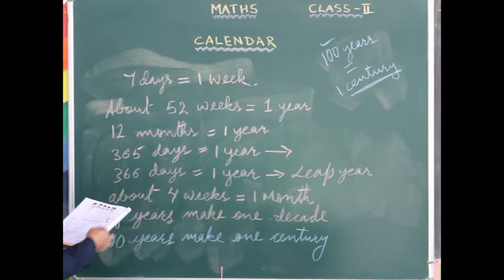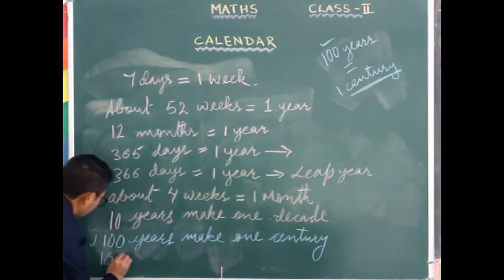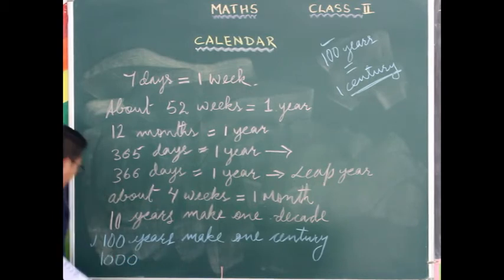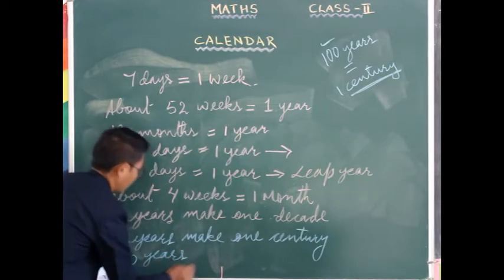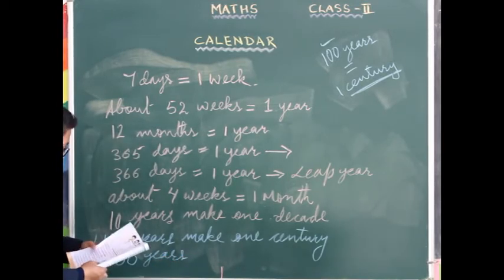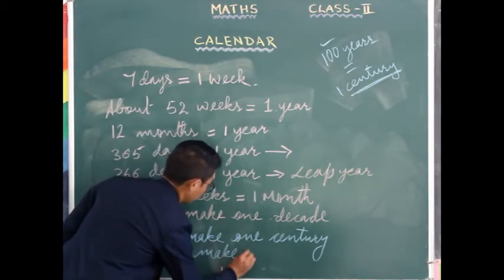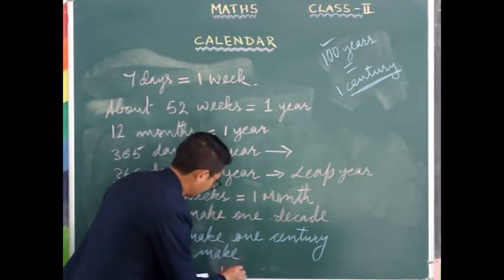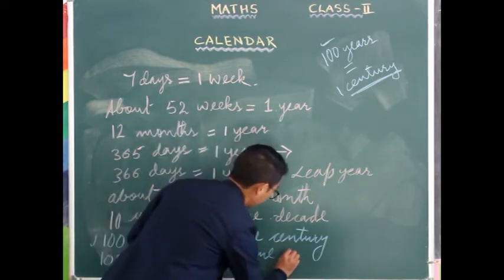Now the next is thousand years. 1,000 years make 1 millennium.